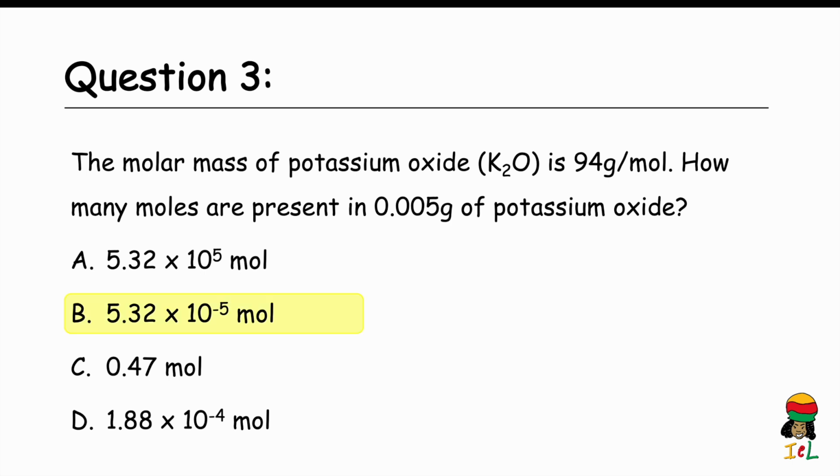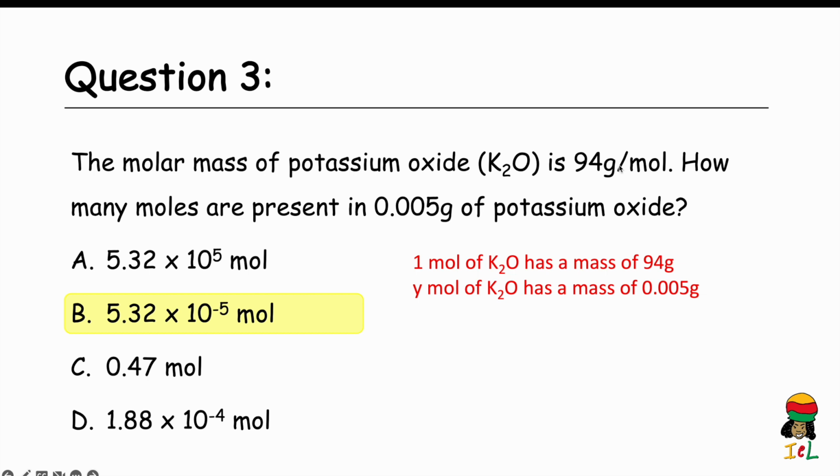The answer is B, 5.32 times 10 to the negative 5 mole. Let's look at our proportion statements. We know using the molar mass given for potassium oxide that 1 mole of potassium oxide has a mass of 94 grams. And we want to find out how many moles of potassium oxide has the mass of 0.005 grams. Next, we set up our ratios.